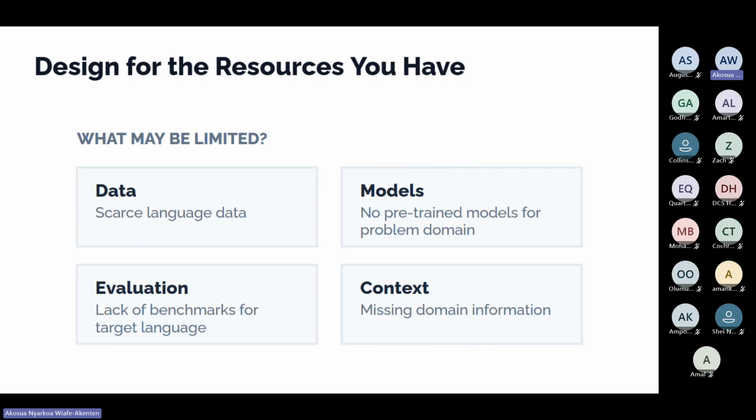So if you want to provide a solution in legal or education or healthcare or agriculture, right? These are all very specific niche domains, and these general purpose language technologies may not speak to that. So you need to either adapt these general purpose models or tweak them a bit to get the particular context of conversation you want to have.